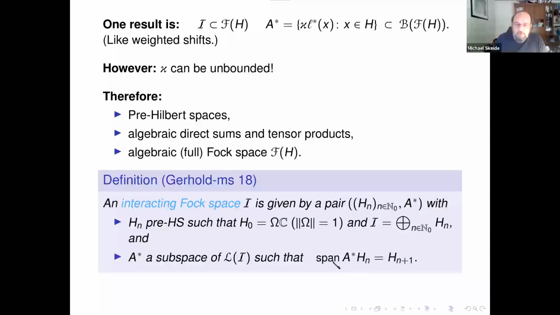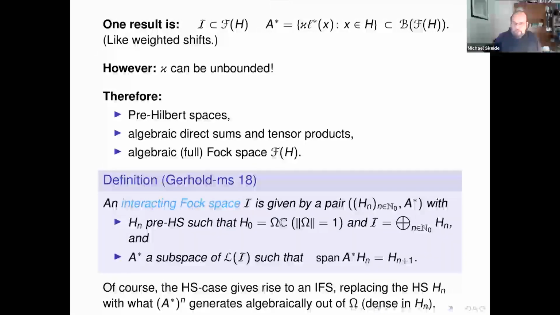So no completion here. And of course, if you look back at the previous slide in the Hilbert space case, we just replace the Hilbert spaces with what the nth monomials in our creators generate algebraically out of omega. Then because the operators are bounded, we get dense subspaces of our Hilbert spaces. So we do not lose anything by this algebraic setting.